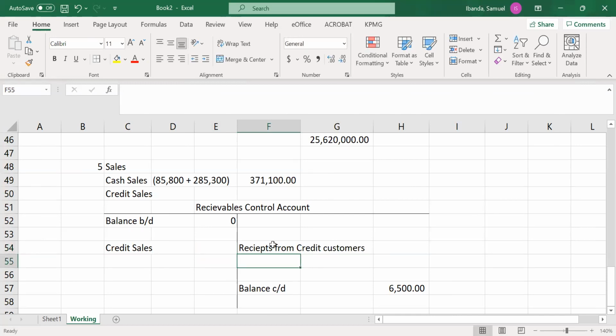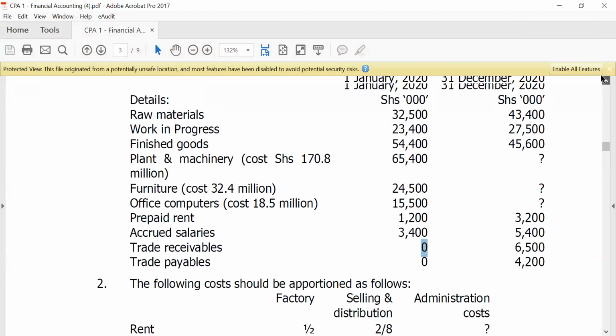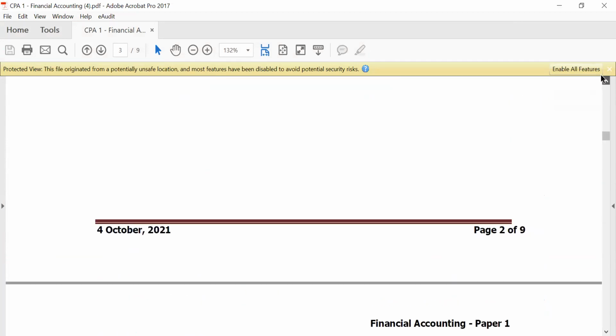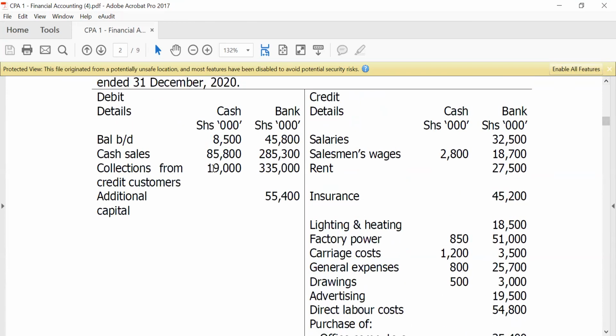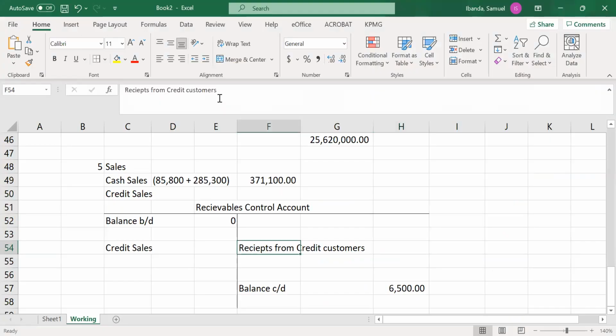This I have, and this I pick directly from my cash book. When you come to your cash book up here, this so-called collection from customers, the 19 and 330, is what we are saying is a receipt from our credit customers. So I'll just come here and add these two figures together.